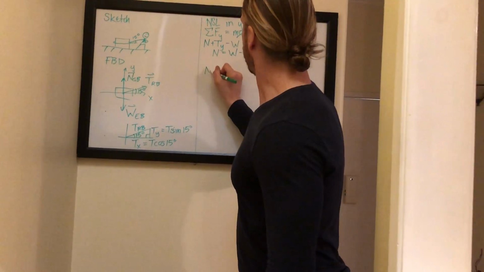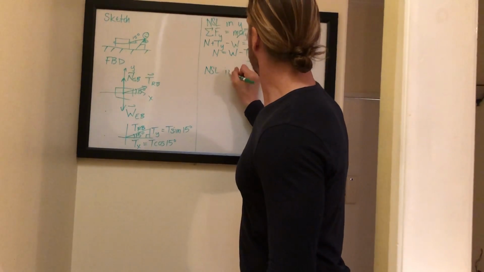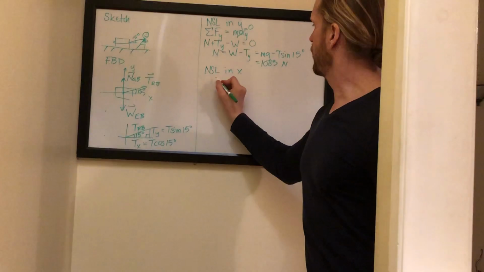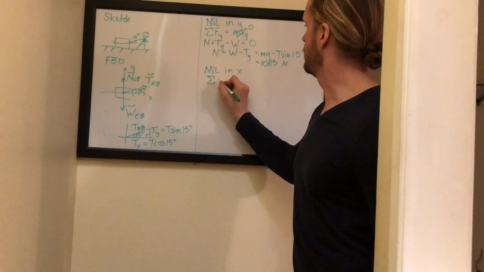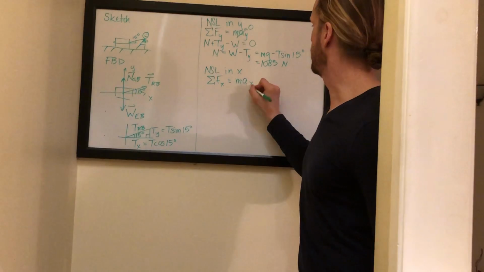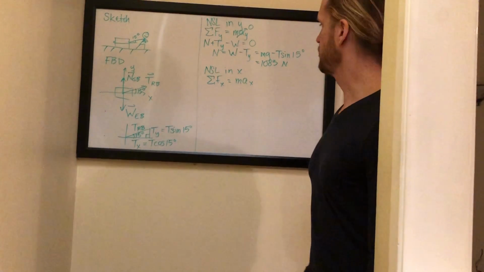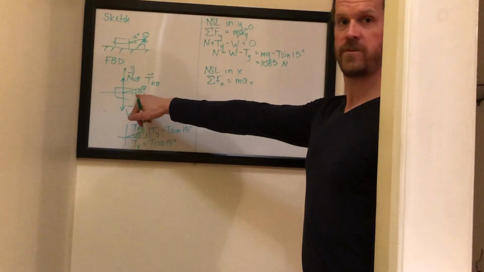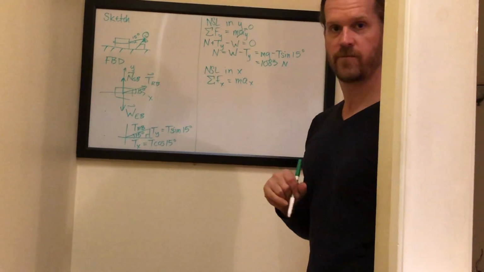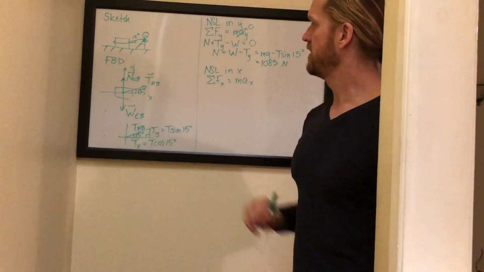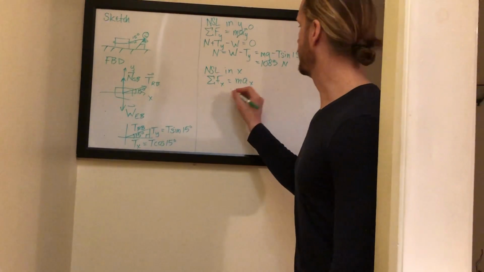Now if we look at Newton's second law in the x direction, sum of the forces in x equals m a_x. And as before in problem 3, we just have one force in the x direction. It is this x component of the tension.